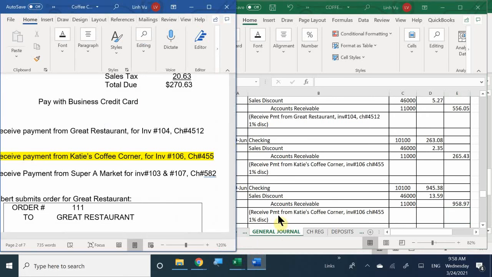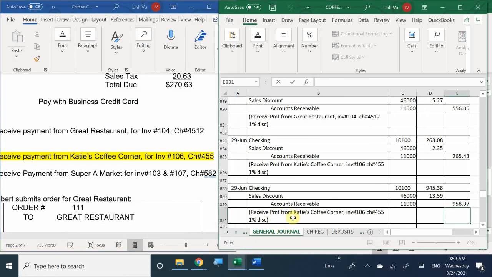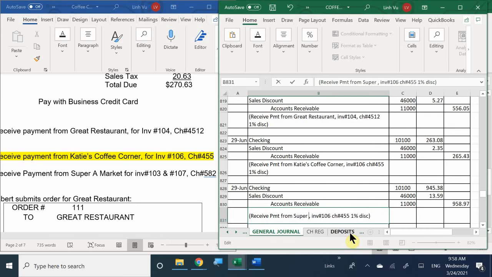All right. See, now we got to go here, receive payment from Super A Market. Invoice number 103 and 107.